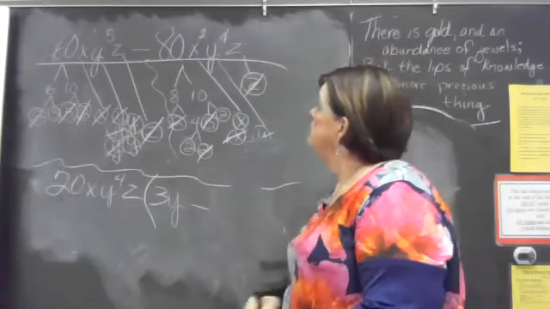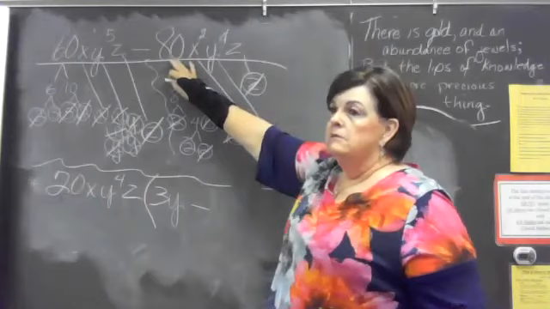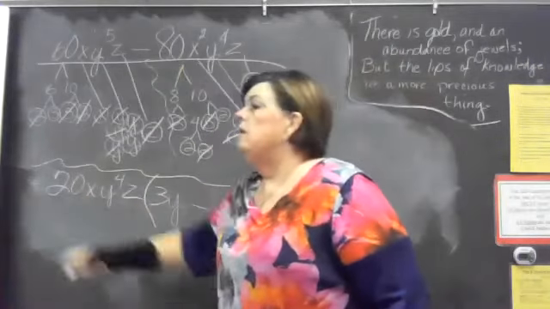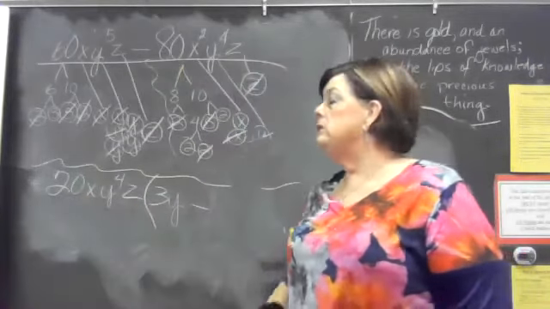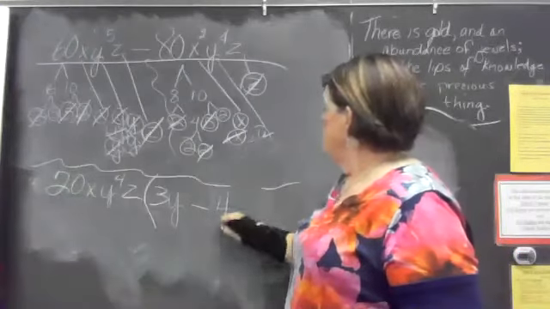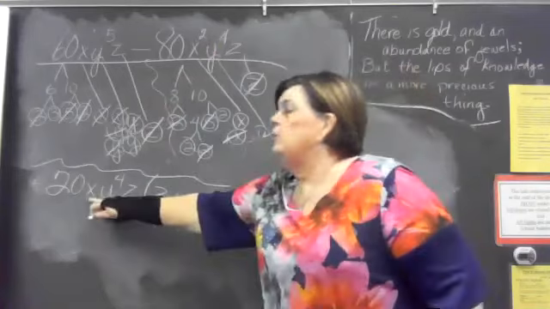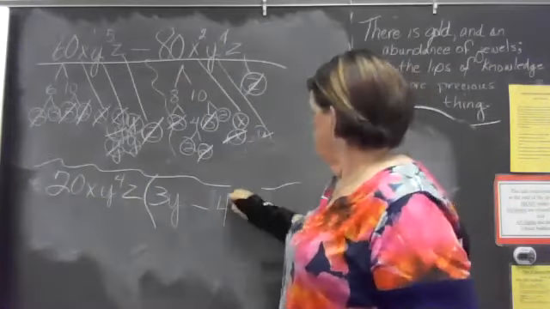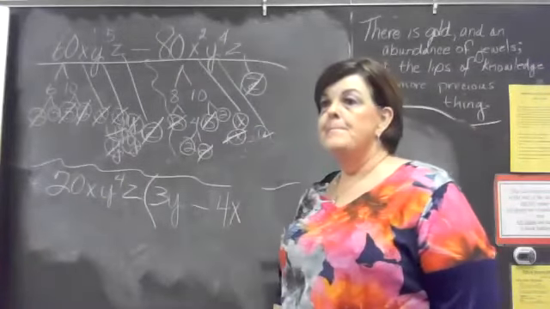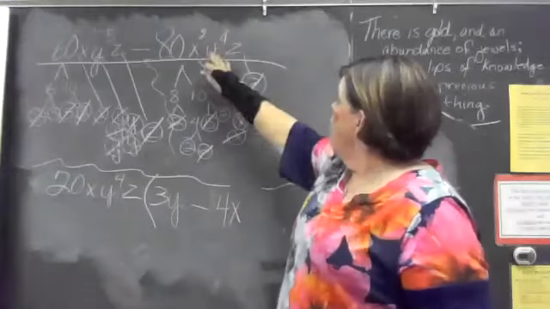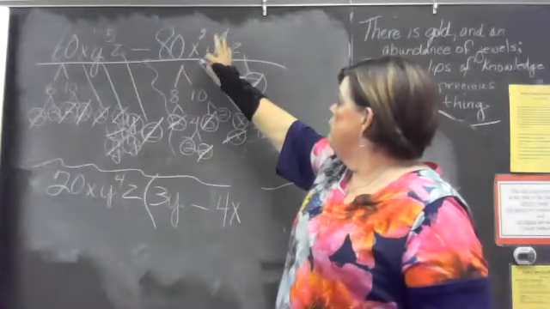Then I had 80, but I divided out 20. 80 divided by 20 is 4. I had an x squared, that means 2 of them, but I took 1 of them out. So you got an x. I had a y to the 4th in the beginning, that's 4 of them.